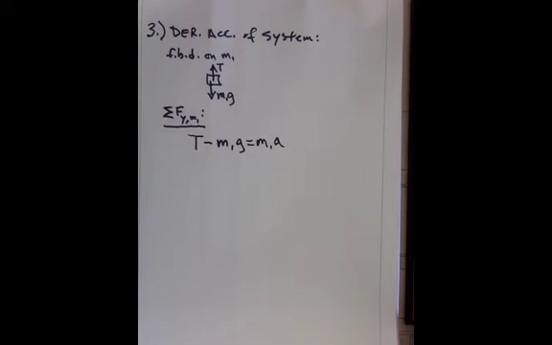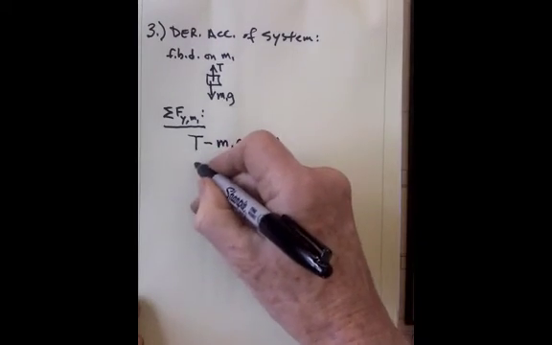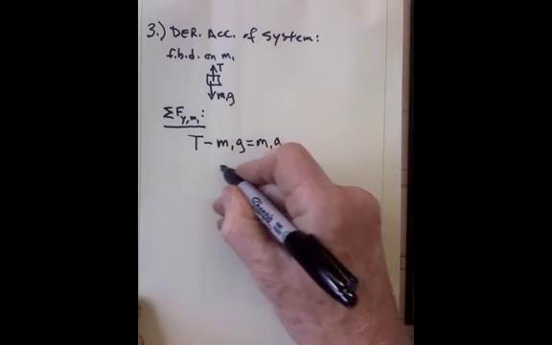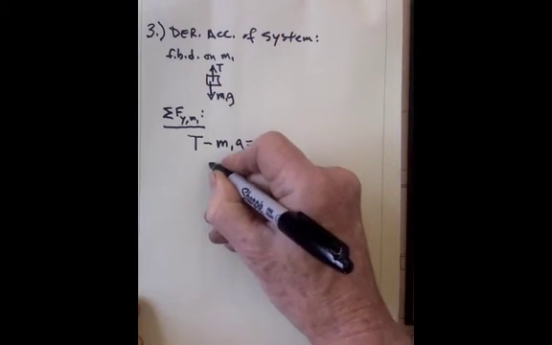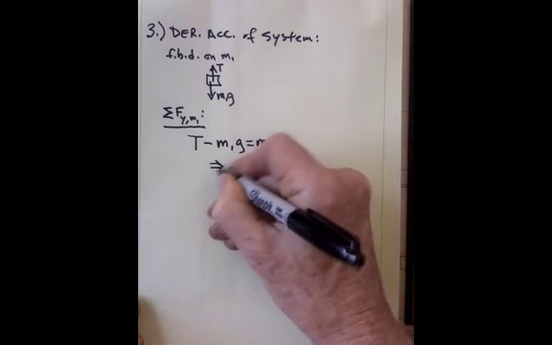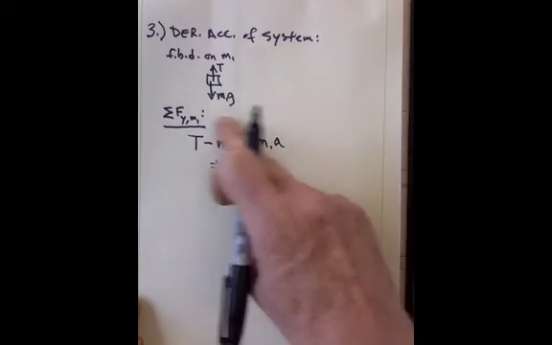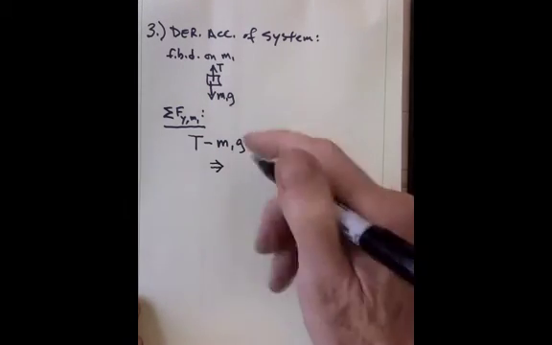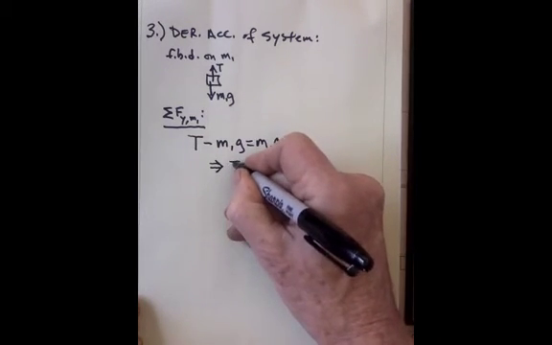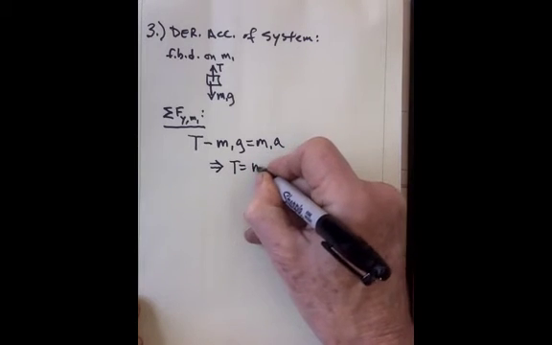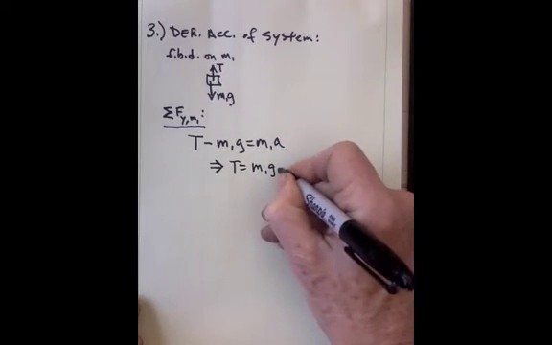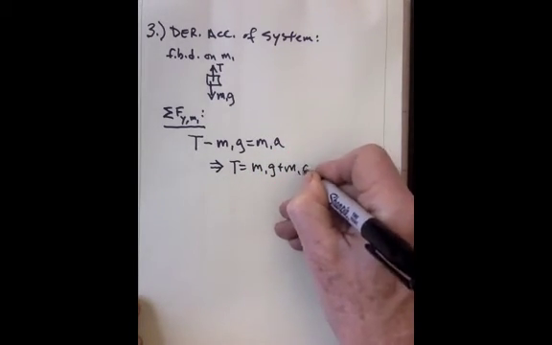Now, let us say that I decide that I want to solve for the tension. I would not drop right straight down. I would drop down and indent in. In fact, I would put an implies sign because what I'm about to do is implied by this relationship. And I would do my algebra. So I'd have T is equal to m1g plus m1a.